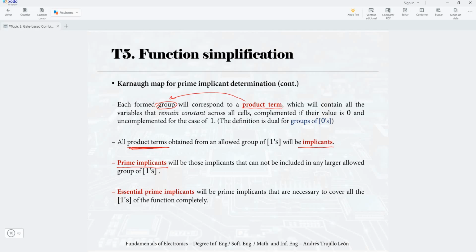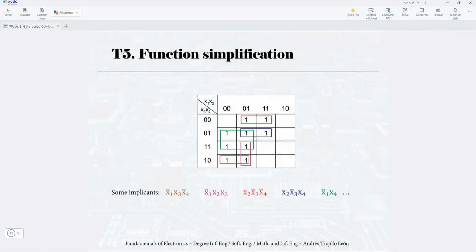And again, this is easier to see with an example. So here, for example, this is an allowed group of 1, so it's a product term and it's an implicant. But this is a prime implicant. These ones can't be covered by a larger allowed group of ones.